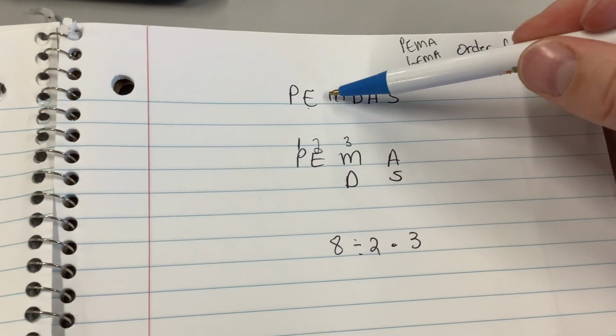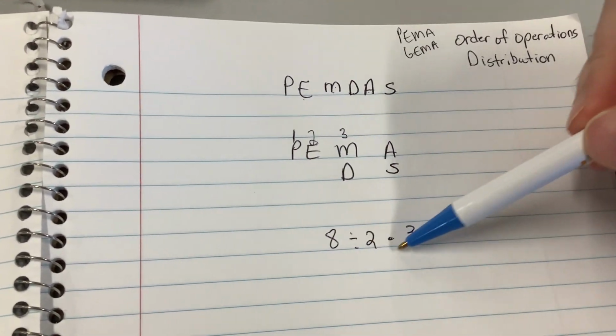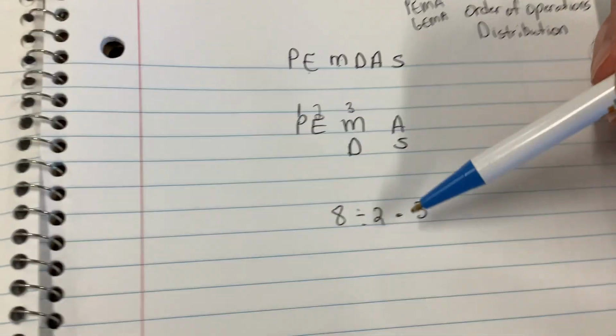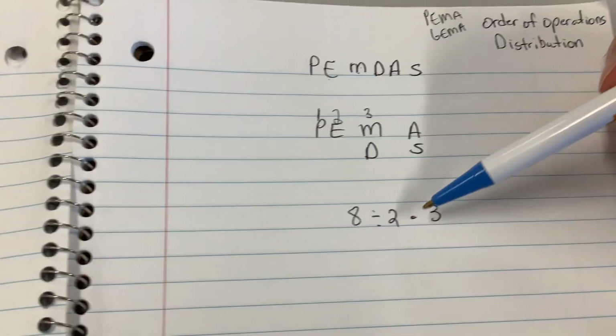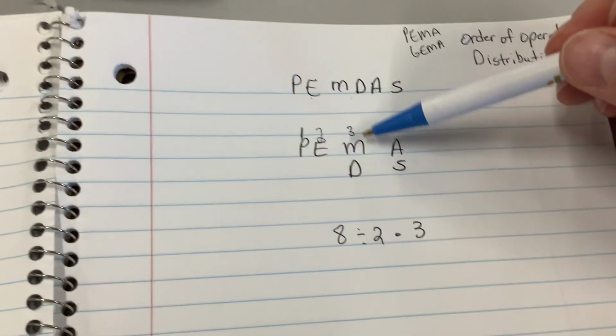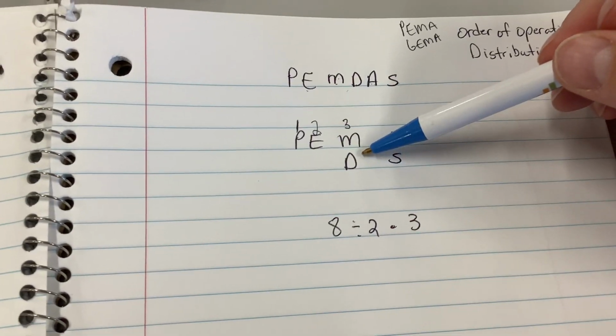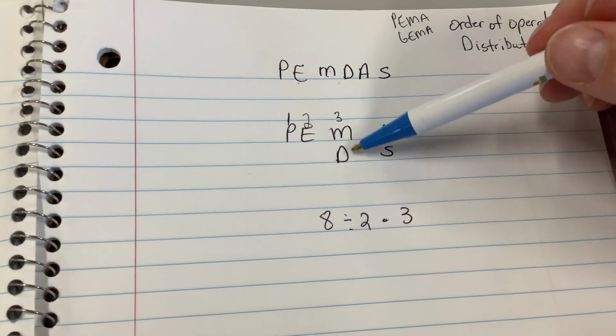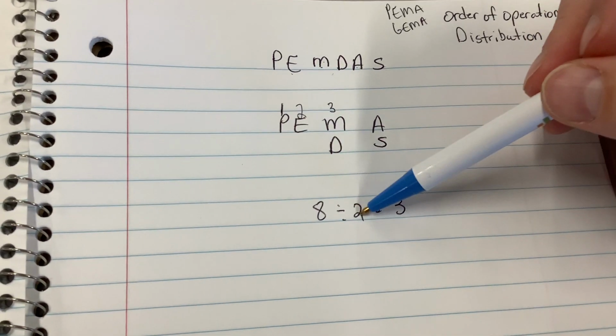If you're looking at this and you think, oh, I have to do the multiplication first, and so I get 6, and 8 divided by 6 doesn't come out even, and you're going to have a fraction. That's not correct. Multiplication and division is a tie, so whichever one comes first, going left to right, is what you do first. So in this case, you're actually going to divide first.